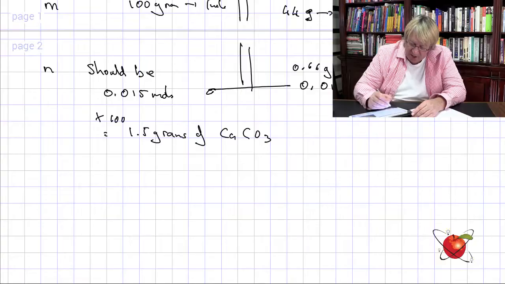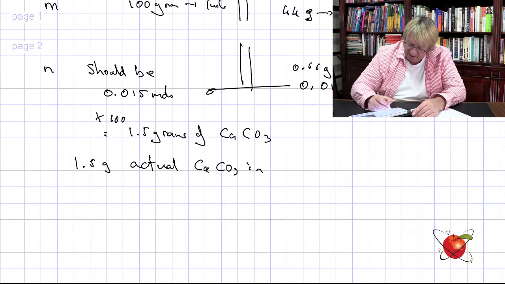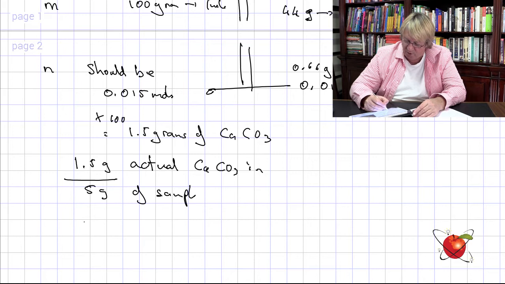Well, we say we got 1.5 grams of actual CaCO3 in 5 grams of sample. Therefore, it's 30%. Okay?